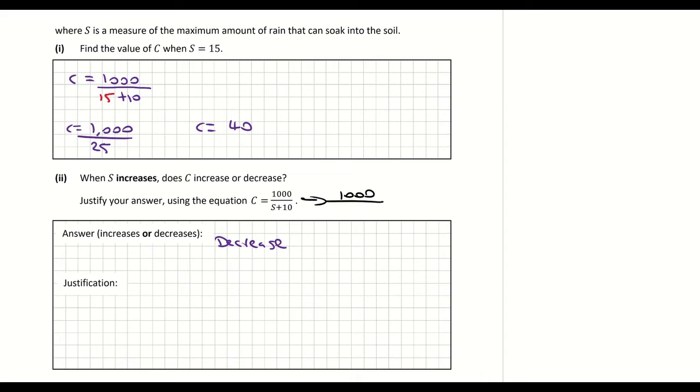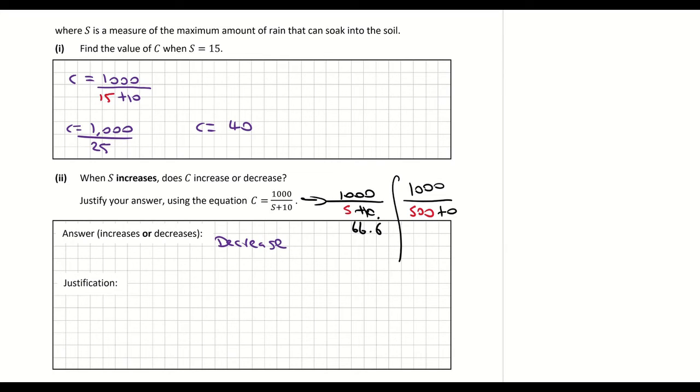So let's just assume S is 5. So we have 5 plus 10, so that's 1000 divided by 15. Let's just see that on a calculator, it's giving us 66.6 as a decimal. Now, let's say we had 500 as S. So let's go 500 plus 10.